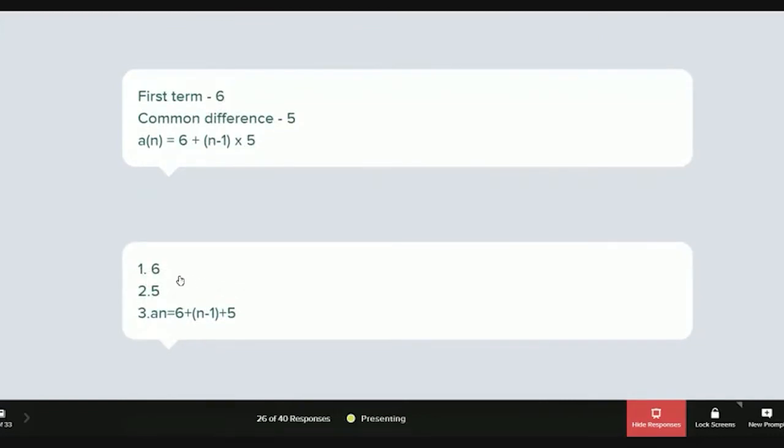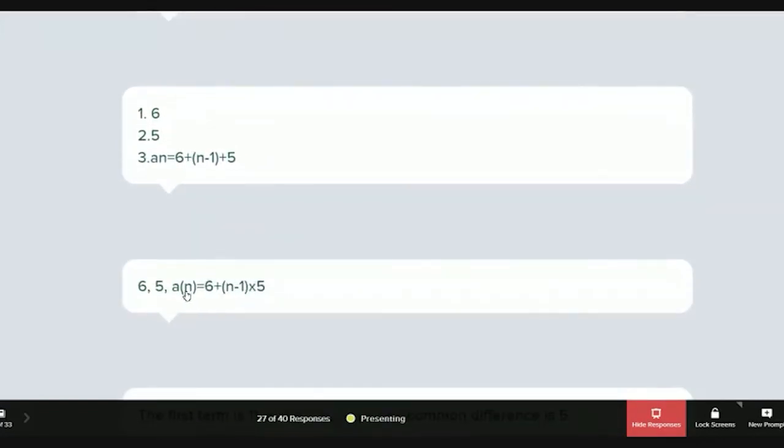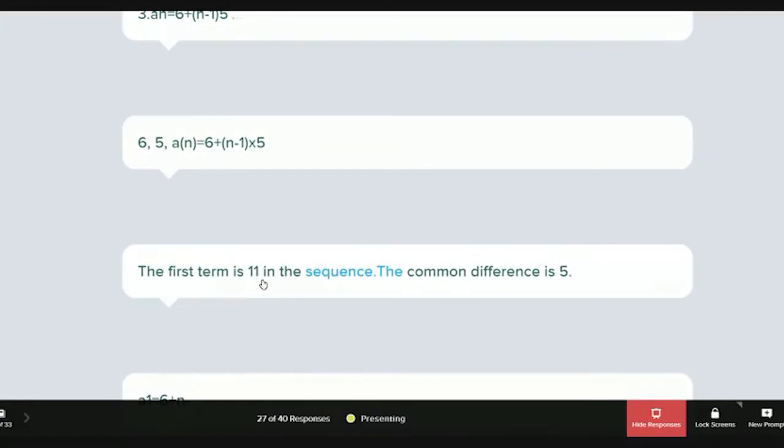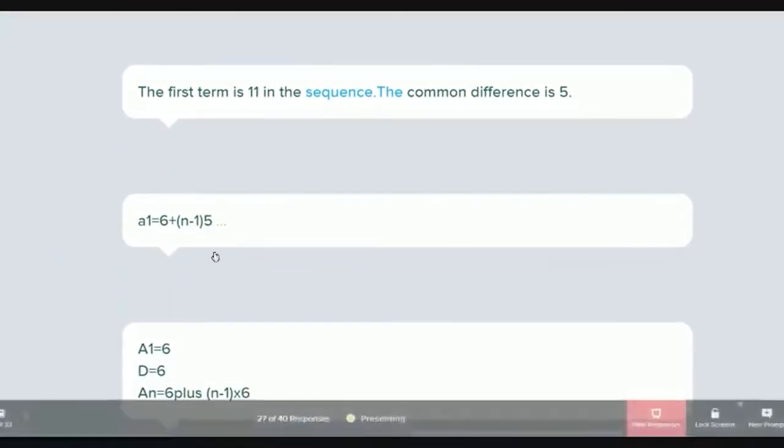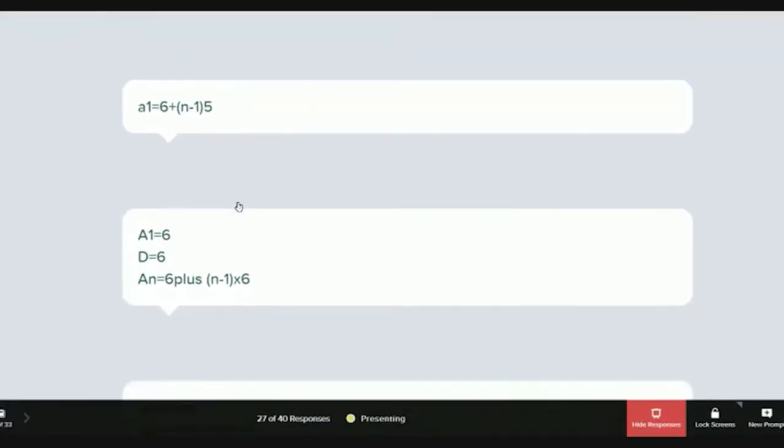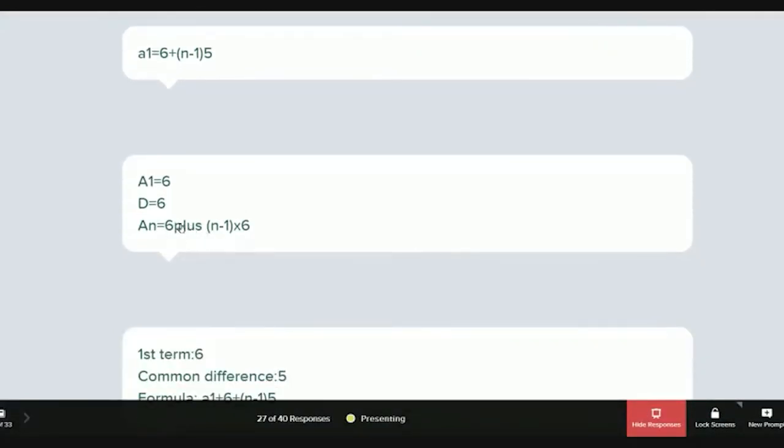First term 6, common difference 5. Good. Someone says the first term is 11. Check again. First term is not 11. What is the first term? And someone says the common difference is 6. Really? Check again.